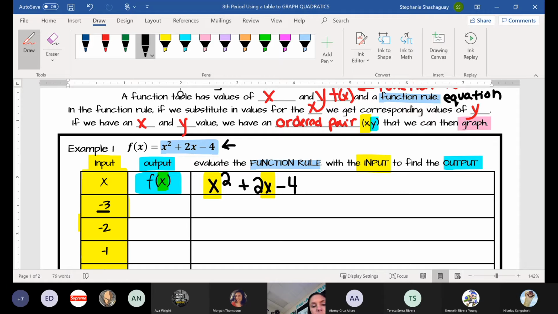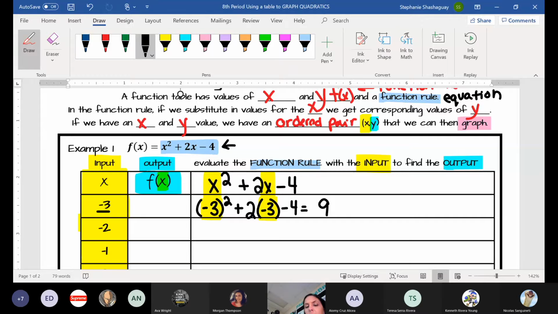So instead of x squared, I'm going to have -3 squared, because that's my given x value that they want me to find the y value for. So plus 2 times -3, and then minus 4. So -3 squared is going to be 9.